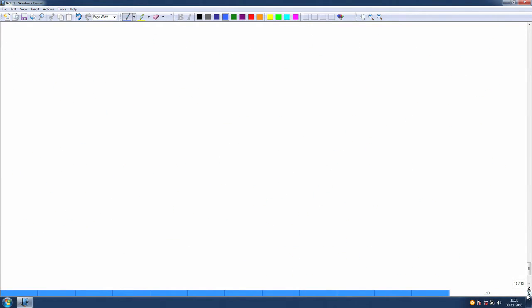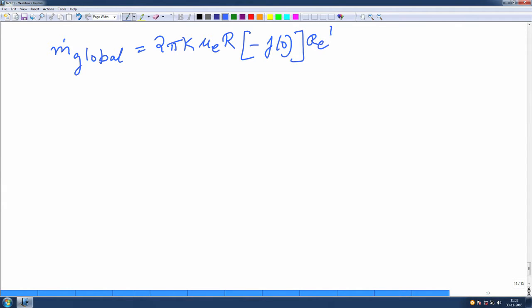So, let me write it in a fresh way so that you do not have to. m dot global is basically 2 pi k. This is not the same k as thermal conductivity, Reynolds number to the power of half, okay.